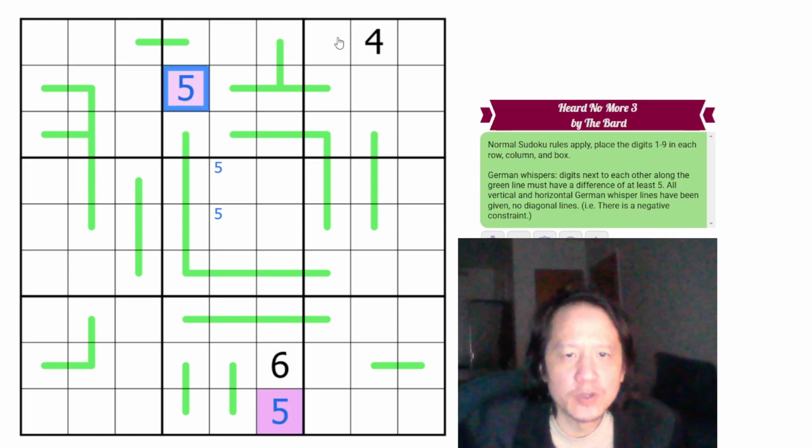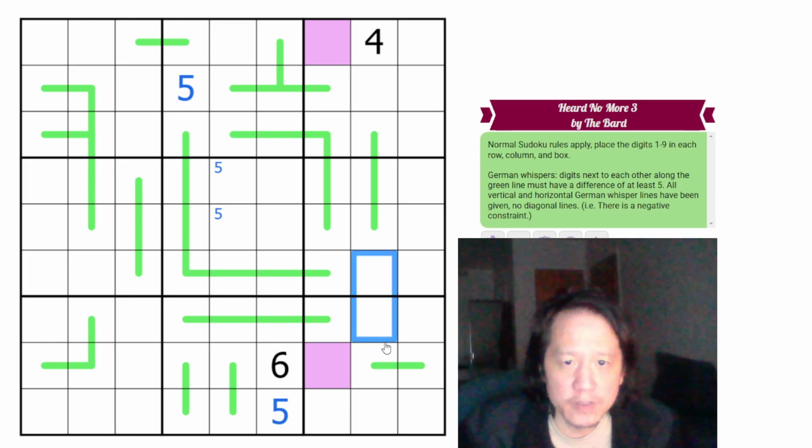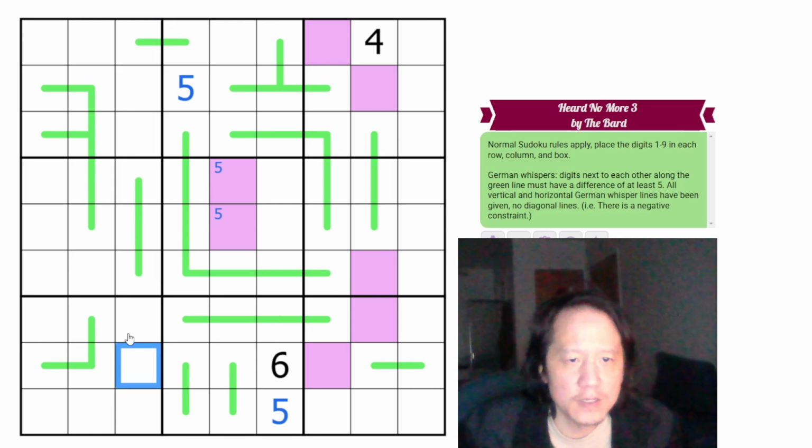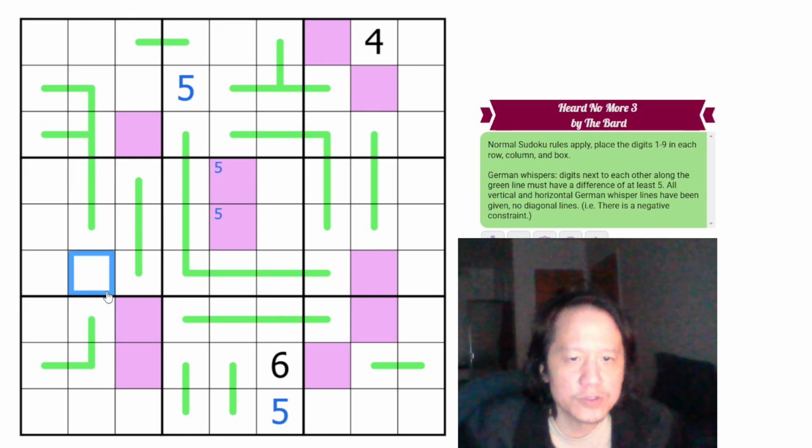Where can they be in column 7? It could be only one of these two cells. Let's just not do the ones that we know. What about column 8? Has to be one of these 3. Obviously, it's one of those two. In column 3, it could be any of these two or this one. In column 2, it cannot be here, so it could be here or here.